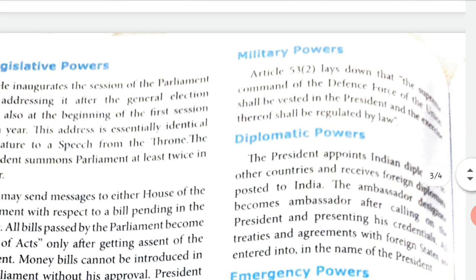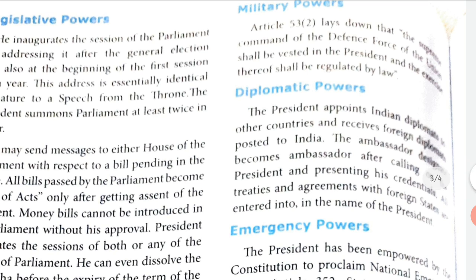Military power. Article 53(2) lays down that the supreme command of the defence forces of the Union shall be vested in the President, and the exercise thereof shall be regulated by law. So here we understand that even the defence, that is the army, is led by the command of the President. Diplomatic powers. The President appoints Indian diplomats to other countries. Diplomats are people from India who will stay in another country and maintain relations between our country and theirs.